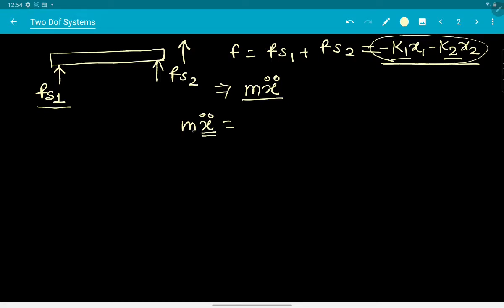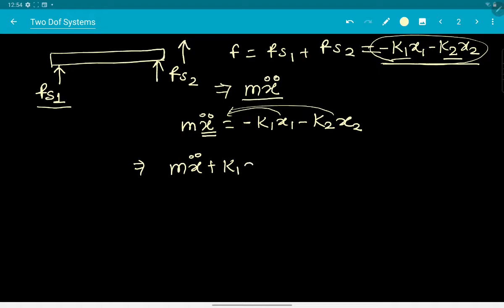That acceleration times m, which is the inertial force, should come out equal to minus k1 x1 minus k2 x2. If you take these two to the other side, you are left with mx double dot plus k1 x1 plus k2 x2 equal to 0. Let me name this equation 1.